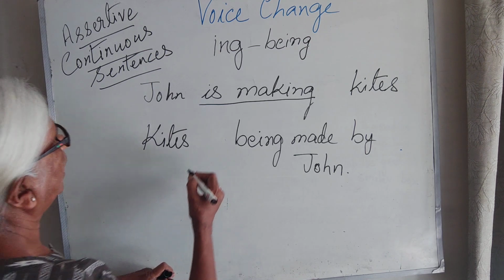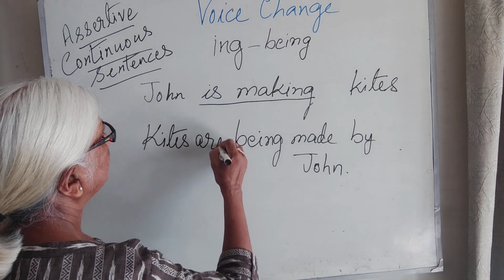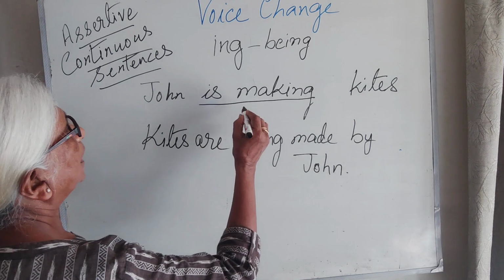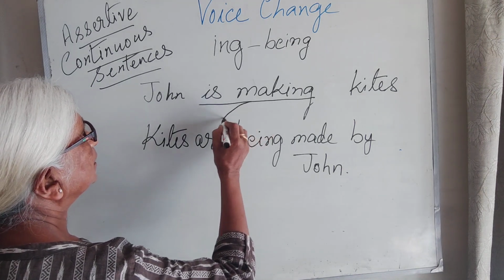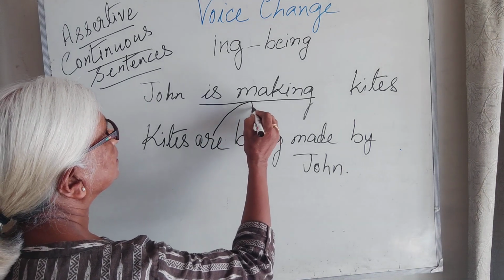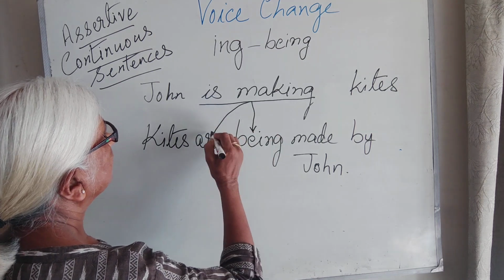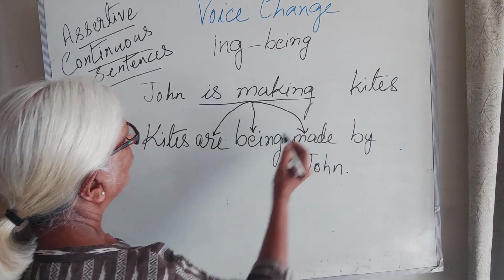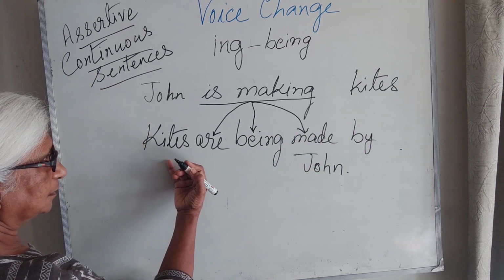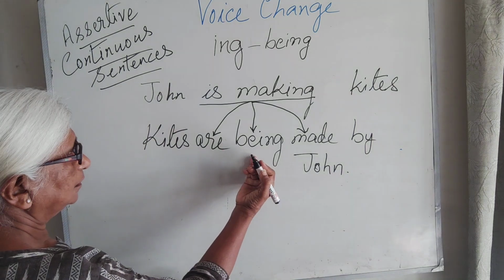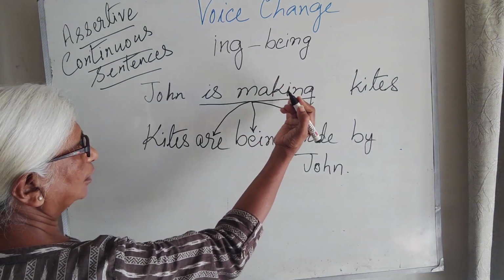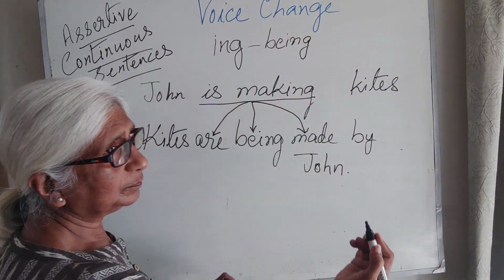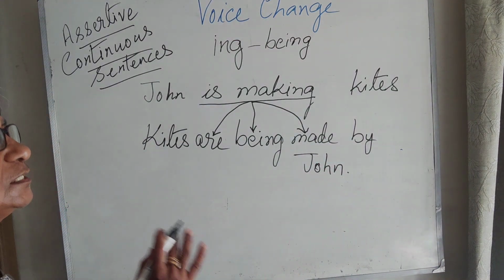Yes, good. It's are. Kites are being made by John. Okay, so we see that the verb here in continuous tense is a bit more weak than the past and the present. So it needs double support. One for the subject and the tense, the other for the ing or continuous form, and the other is past participle form, which is permanent. Past participle form is permanent.